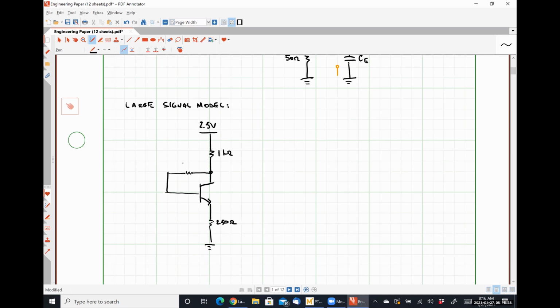Then we have a 20 kilo ohm resistor right here. This current is my base current. This current is my collector current. And here I have my voltage VBE. So this is what our circuit reduced using our DC or large signal parameters is going to look like.